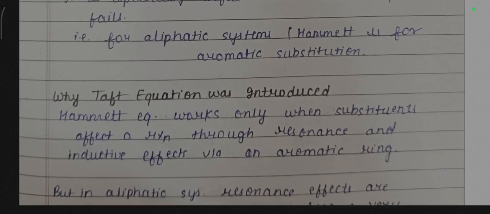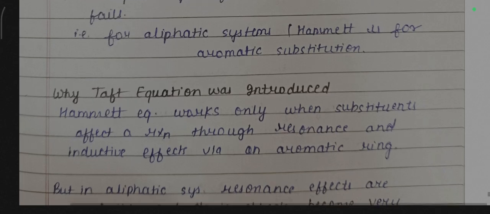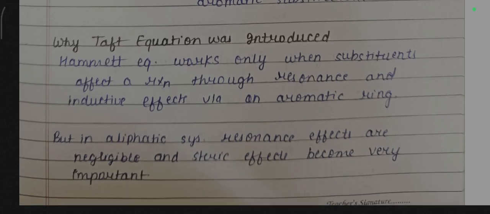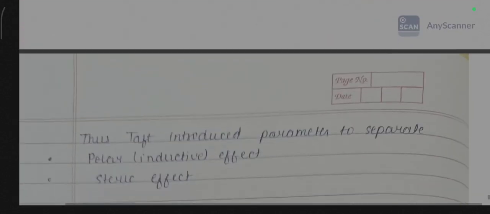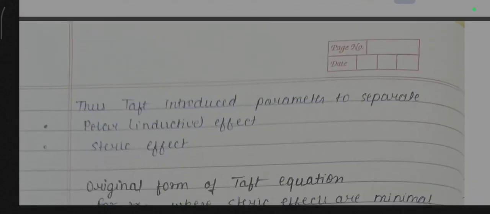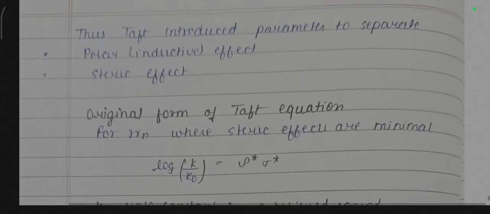Why was the Taft equation introduced? The Hammett equation works only when substituents affect a reaction through resonance and inductive effects via an aromatic ring. But in aliphatic systems, resonance effects are negligible and steric effects become very important. Thus, Taft introduced parameters to separate polar inductive effect and steric effect.